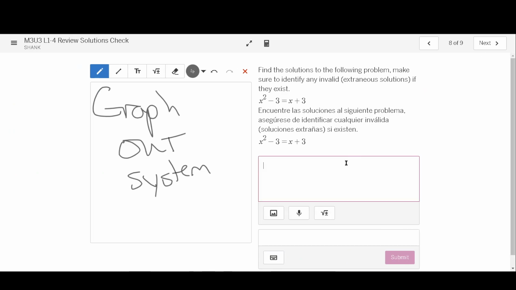So I'm saying where the red line and the blue line intersect, touch, meet, cross, whatever you want to say, are where the equations are equal.